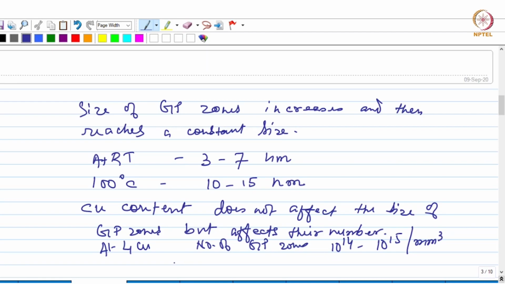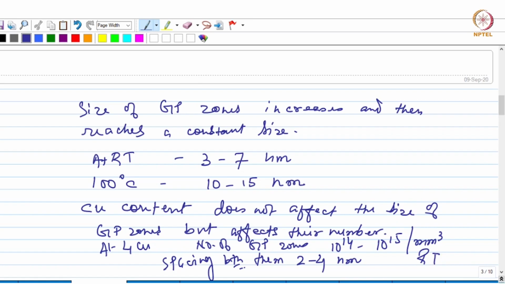And the spacing between them is of the order of 2 to 4 nanometers. And this is at room temperature.